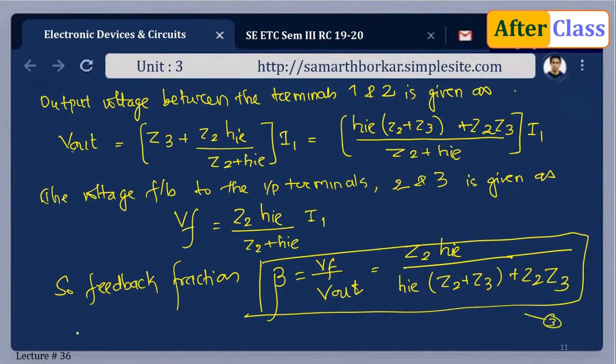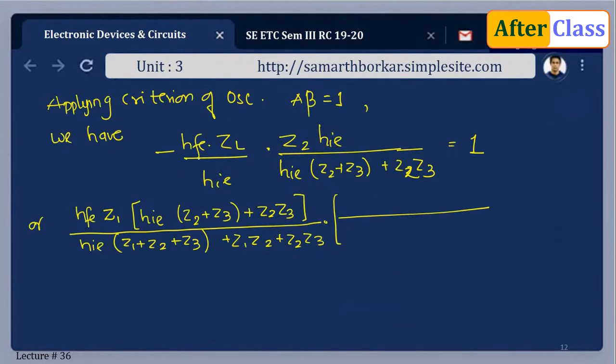So this is the first thing we have calculated, then this is the second thing, and this was the third expression. Now we are equating A beta equals 1. So this is the value of A. In A we have the ZL term, so this ZL is the expression 2.